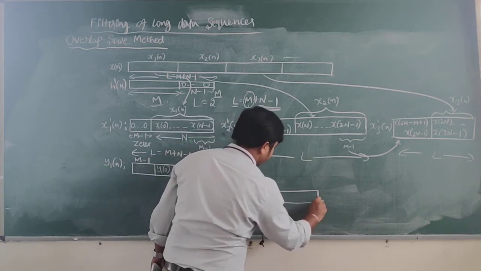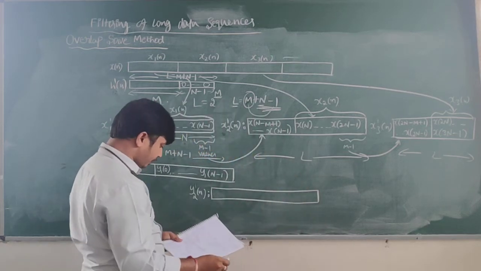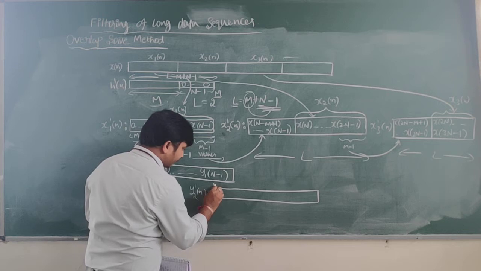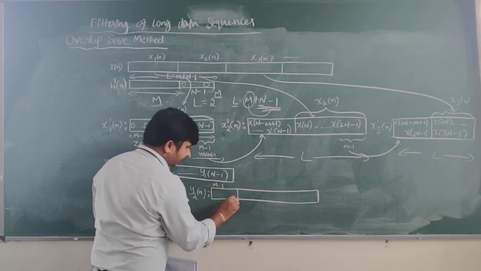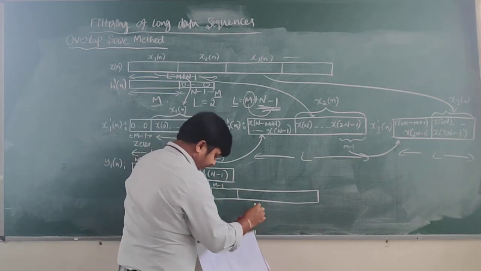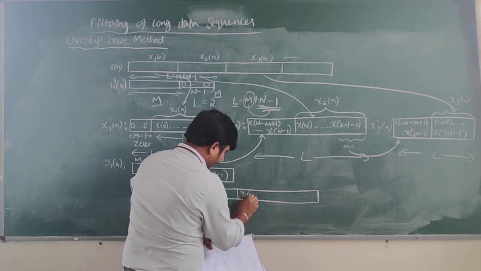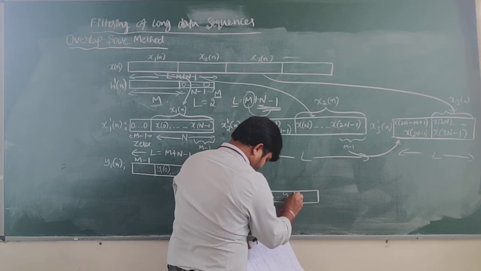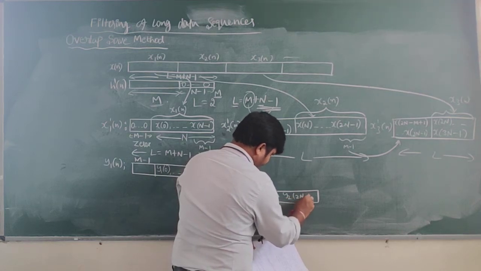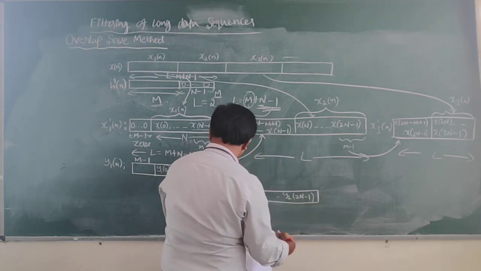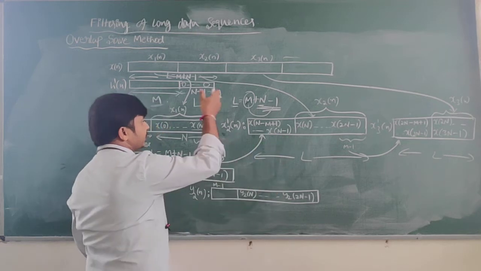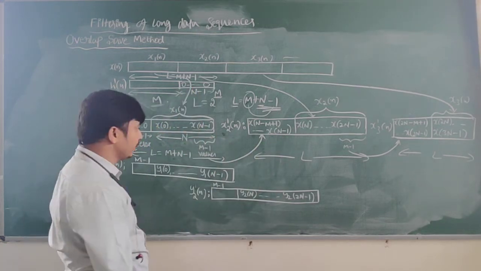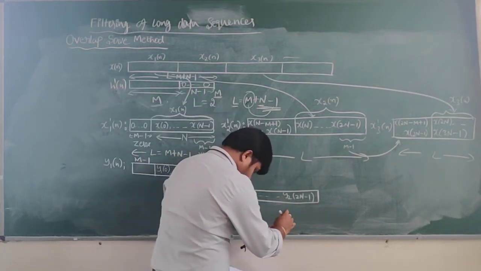Again here it consists of the starting m minus 1 values, and the remaining are y2 of n so on up to y2 of 2n minus 1. Next, the convolution of x3 dash of n with h dash of n gives us y3 of n.